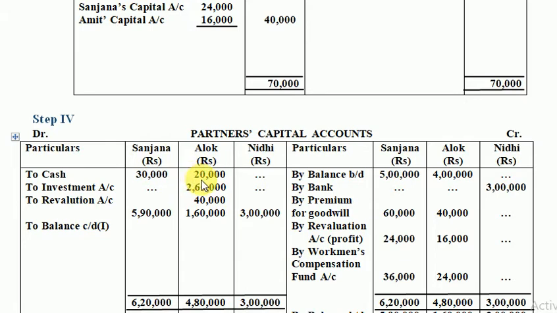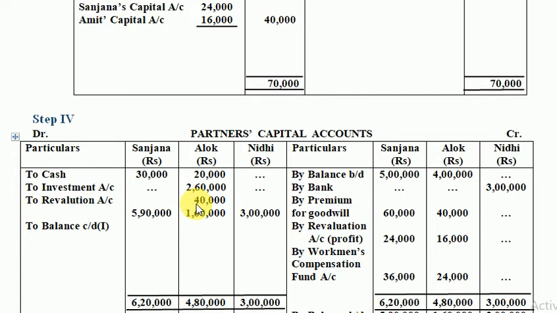Then there is investment taken over by the partner Alok, for which the value given in the balance sheet for investment was 2,60,000, whereas he took over this investment at rupees 3 lakh. So there is a journal entry which says Alok's capital account debit, to investment account 2,60,000, to revaluation account 40,000.